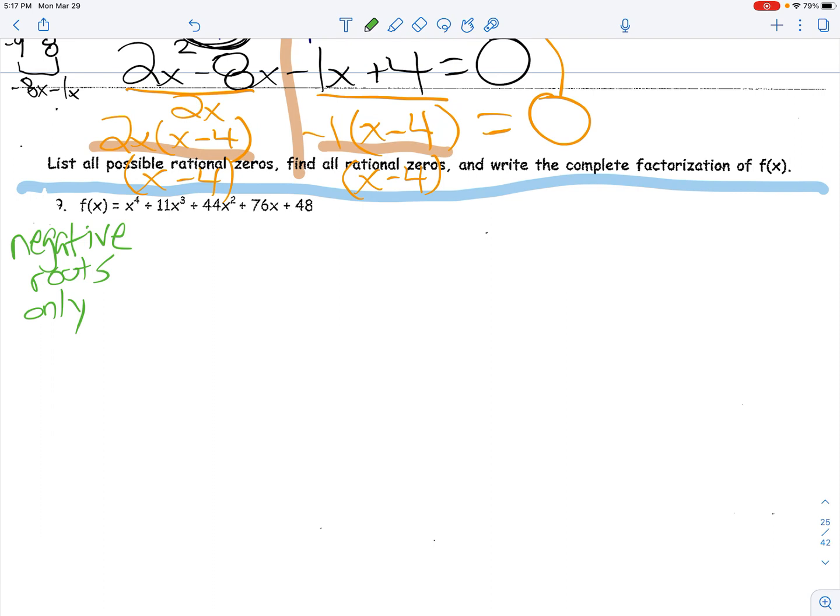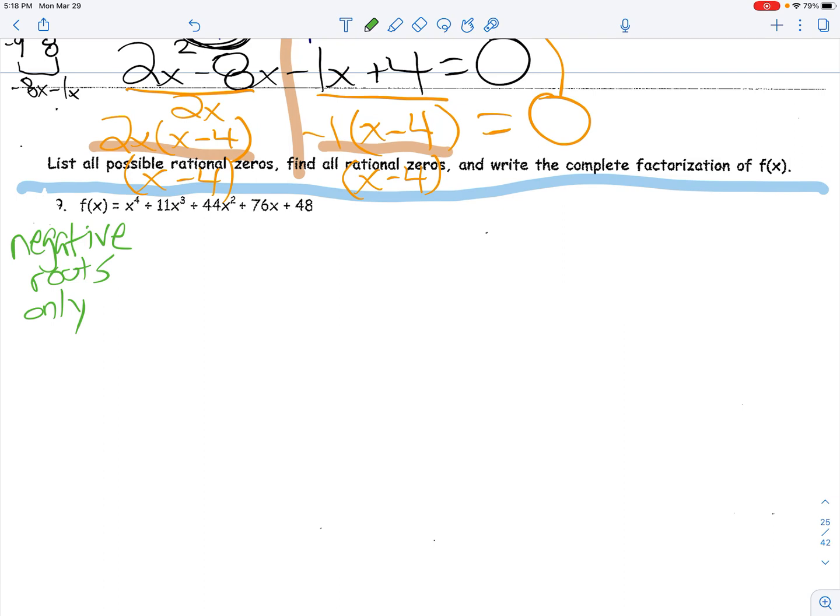And we figured out, we looked at the signs here. They're all the same sign, right? All of the terms in the function have the same sign, meaning you're going to get negative roots only.